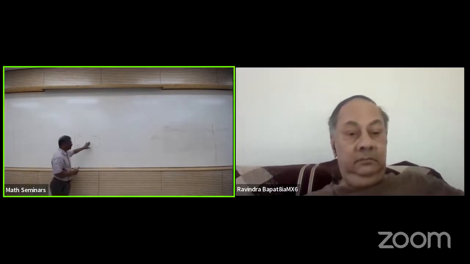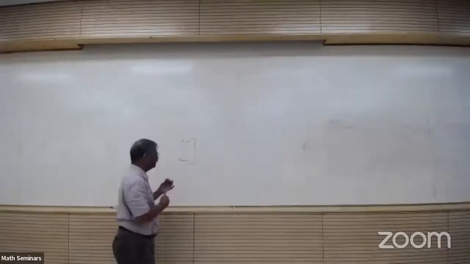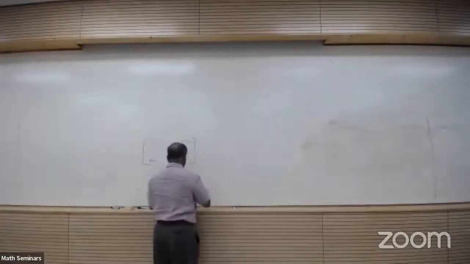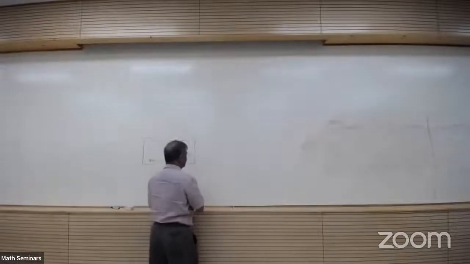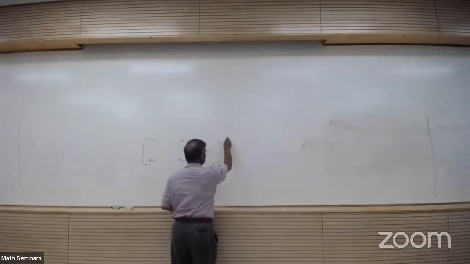So this is a matrix. If you reflect it along the diagonal, and if it doesn't change, it's called symmetric. If all the entries are real and the matrix is symmetric, then you look at what are called eigenvalues, namely solutions of this matrix.